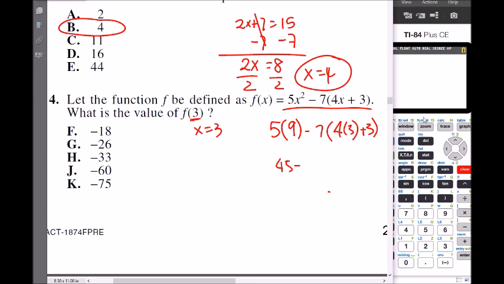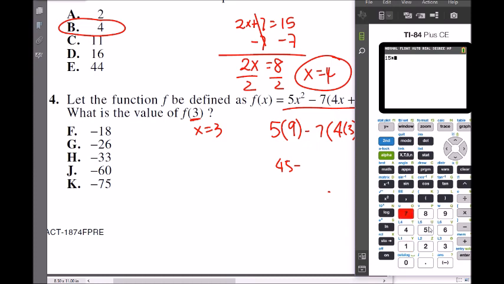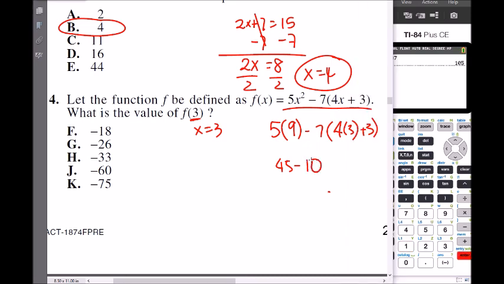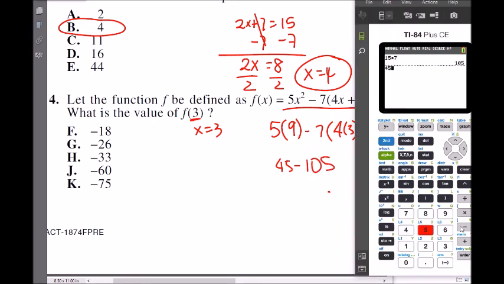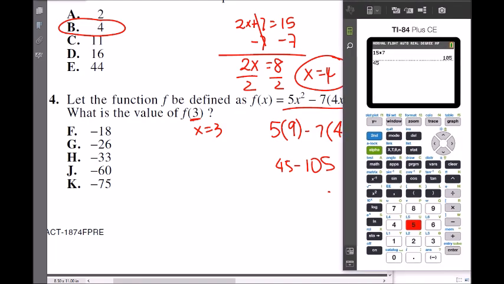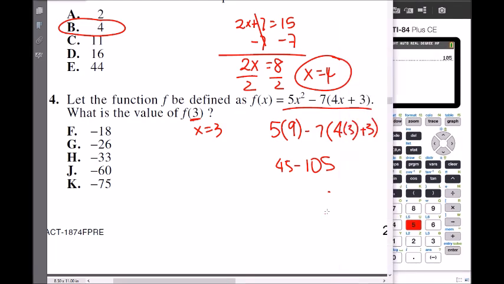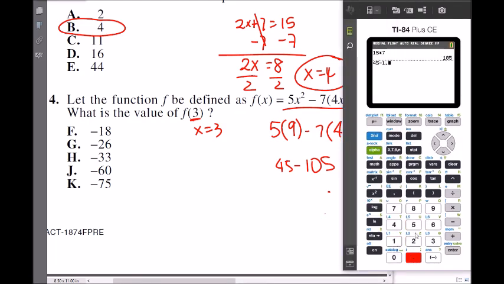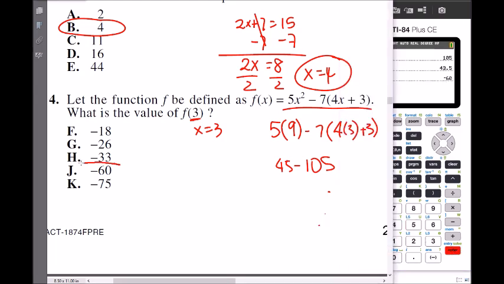So something like 15 times 7, you can quickly do on the calculator. So 45 minus 105 is negative 60. So J.